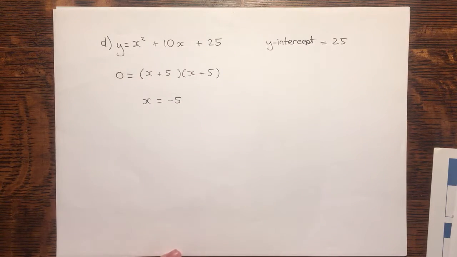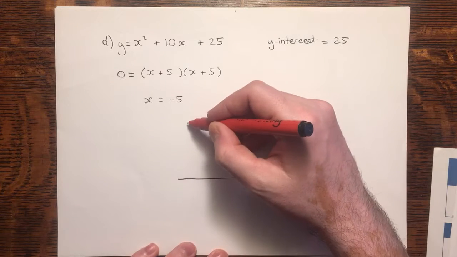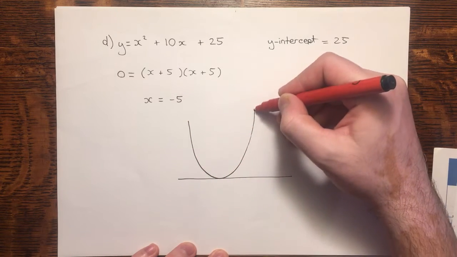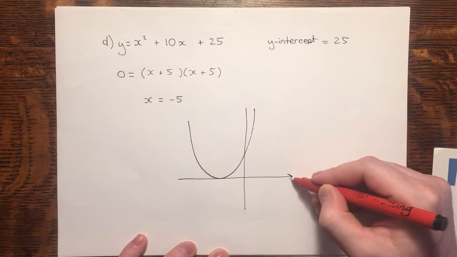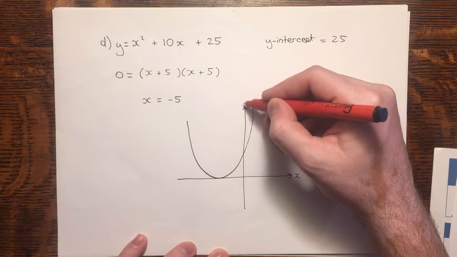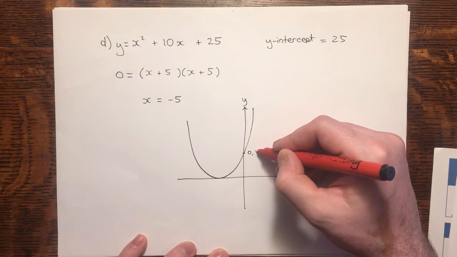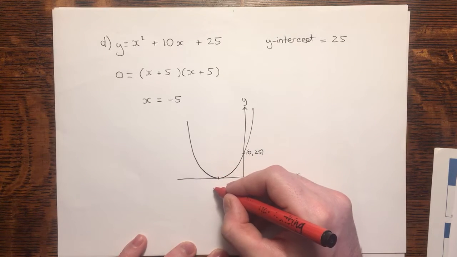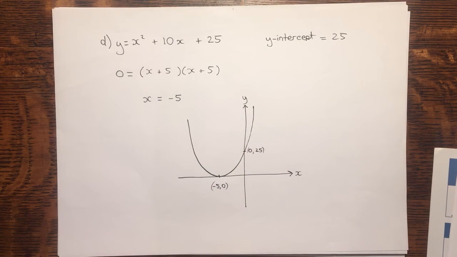I can also see that this will be a positive quadratic, this point here will be 0, 25, and this point here will be minus 5, 0. And there's my sketch. Question 16 complete.